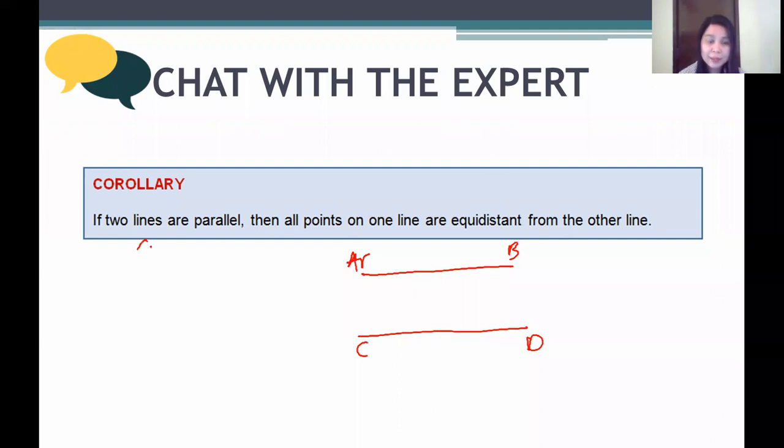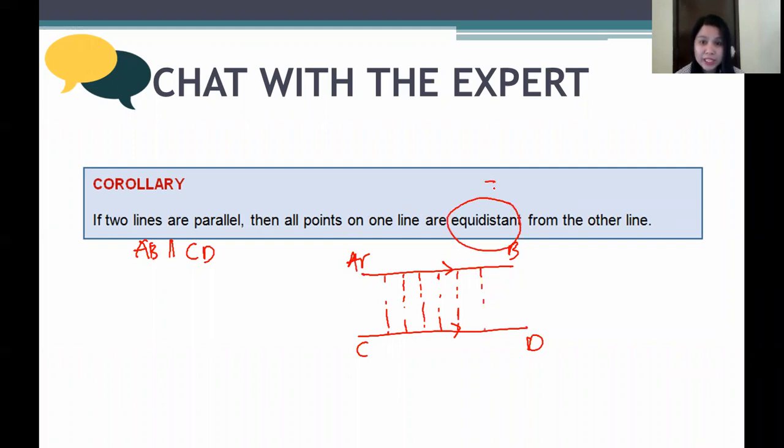If AB is parallel to CD, then any line from AB to CD are all equidistant. What do you mean by equidistant? It means they are equal in distance.